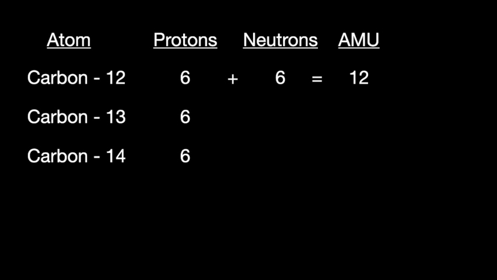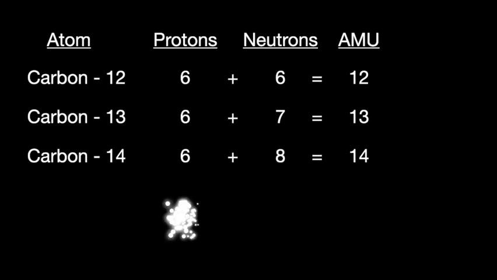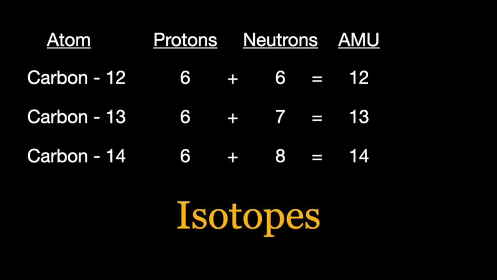And since carbon-13 has an atomic mass of 13 AMUs, how many neutrons must it have? 7. And since carbon-14 has an atomic mass of 14 AMUs, how many neutrons must it have? That's correct, 8. These are all known as isotopes. Atoms of the same element with different number of neutrons, therefore different atomic masses.